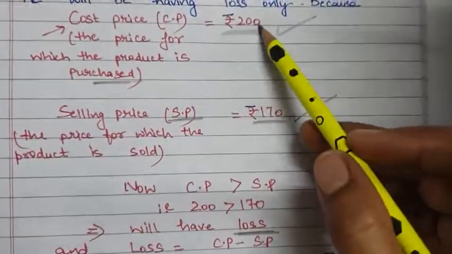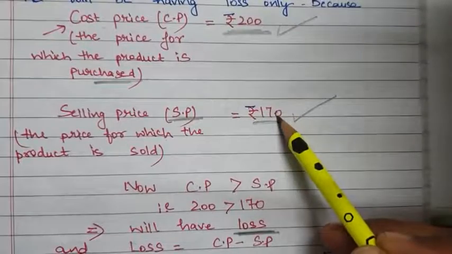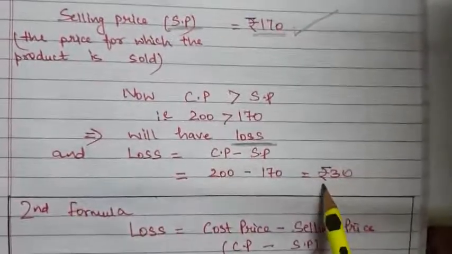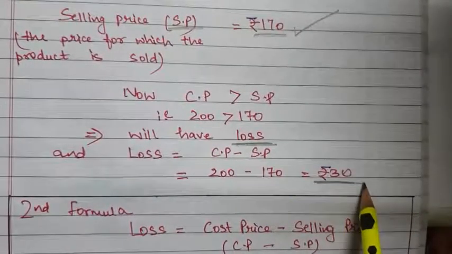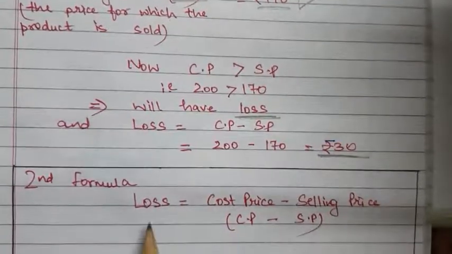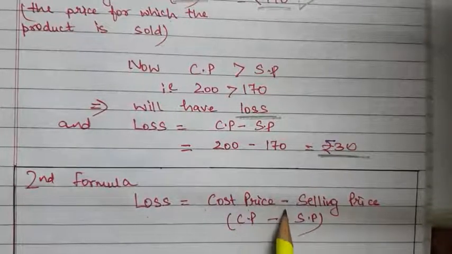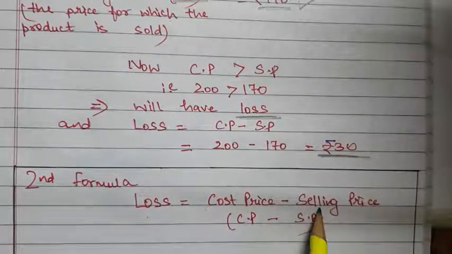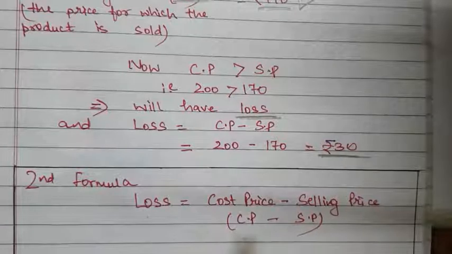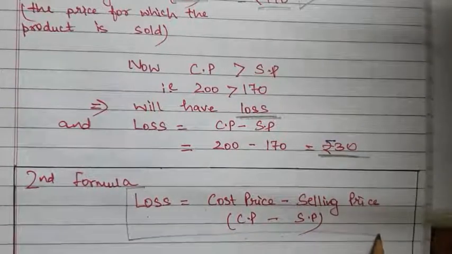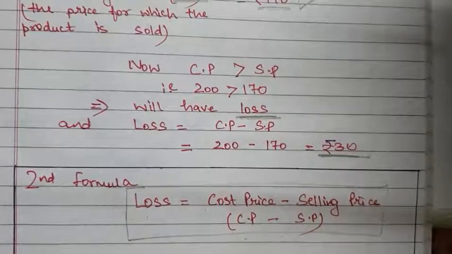That is 200 minus 170, that is rupees 30. So children, the second formula we got is loss is equal to cost price minus selling price. Clear? You have to keep these formulas in your mind.